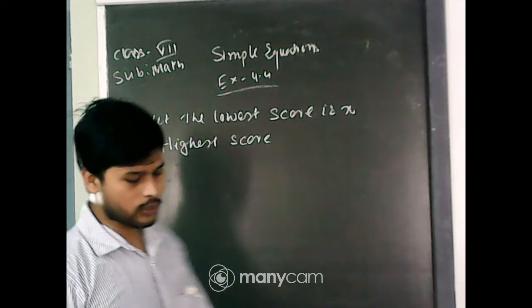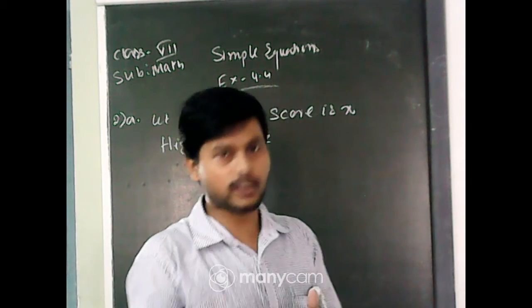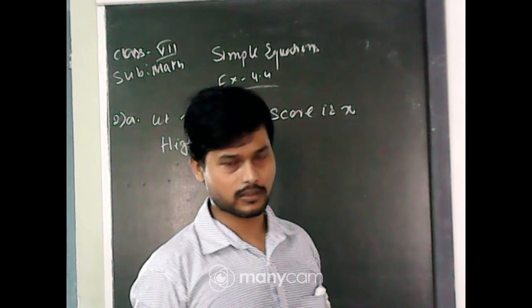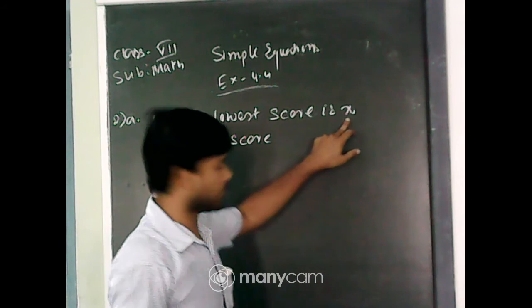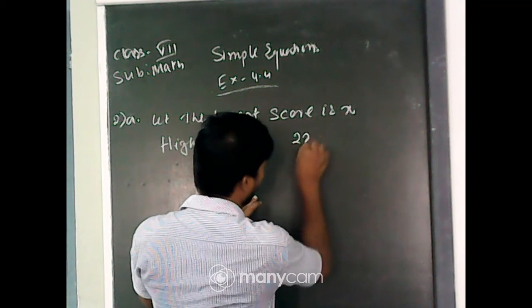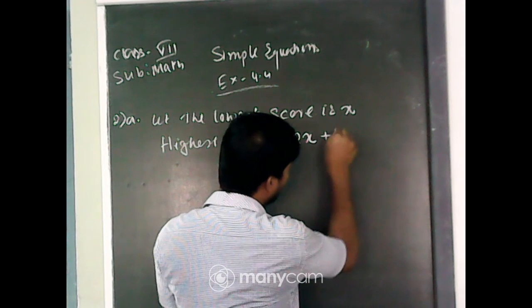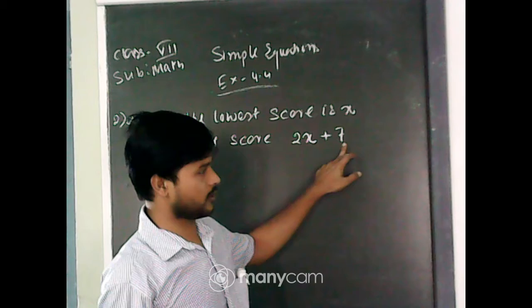Now look, according to your book, it is given that the highest score is twice the lowest score plus 7. So what is the lowest score? x. So twice the lowest score means twice x, and plus 7.